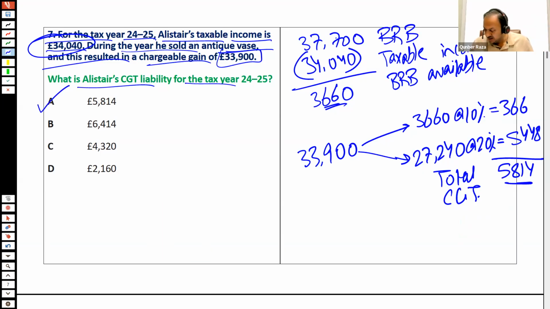Kamal Aftab, can you see the screen now? Kamal, I suggest you log off and try to log in again, because honestly this is only with you.